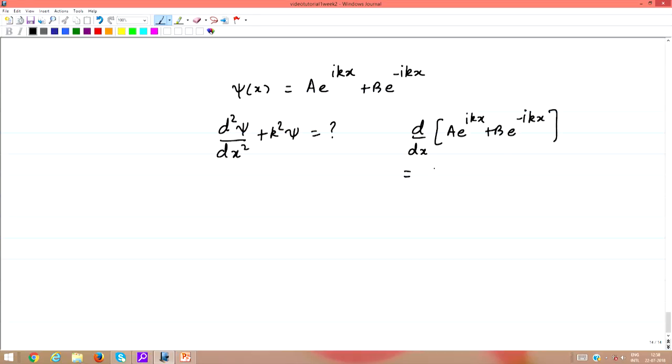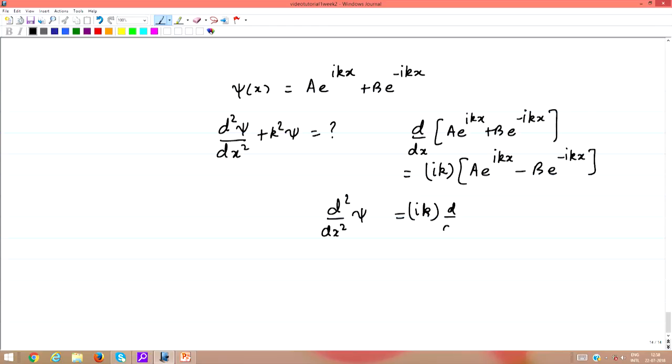The derivative gives you i k times A e to the i k x minus B e to the minus i k x, and the second derivative d square by dx square on psi is one more derivative, i k, d by dx on this whole function again. The answer is i k whole square.